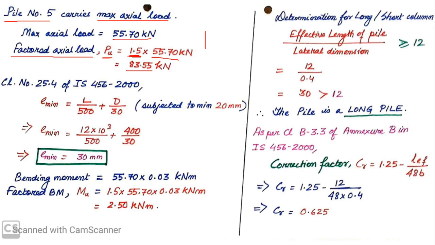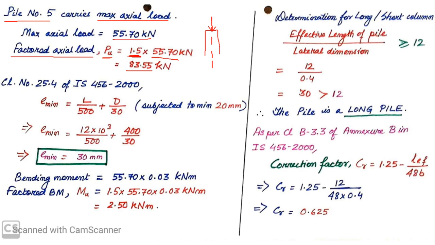Now here's an interesting concept. Suppose this is my pile and this is the axis of the pile. I say that this pile has an axial load of 83.55 kilonewton. When I say axial load, it means that it is acting through the axis of the pile. But in a practical case, the load may not always act exactly through the axis of the pile.